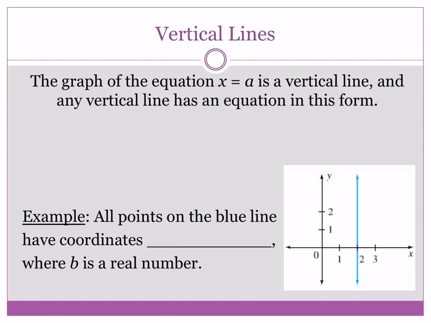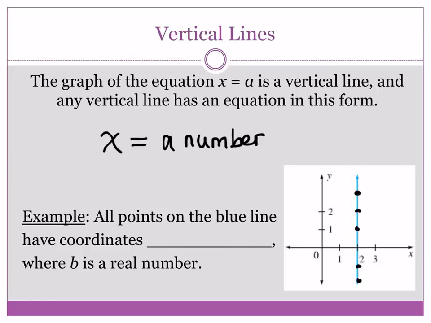All right, the graph of an equation x = a is a vertical line, and any vertical line has an equation in this form. That is, any vertical line is x equals a number. Why? Well, the reason is that all points on the blue line have coordinates... What can you tell me about all of these points that they have in common?